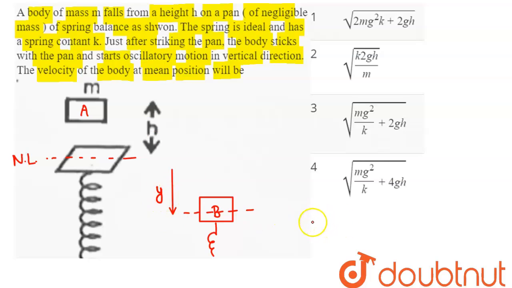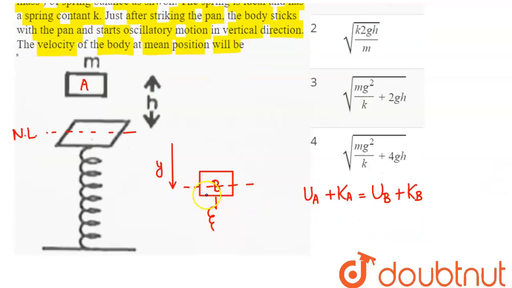So UA plus KA is equal to UB plus KB. If we consider this as the reference level where potential energy is 0, at point A potential energy will be mg into h plus y.